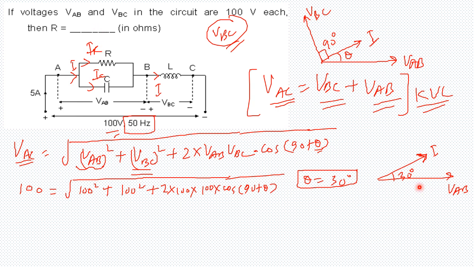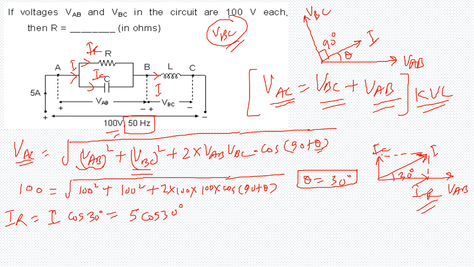So the component of I which is in phase with VAB is IR, and the one which leads VAB by 90 degrees is IC. I need IR. So IR is equal to I cos 30 degrees. I is already given, which is 5, so IR is 5 cos 30 degrees.